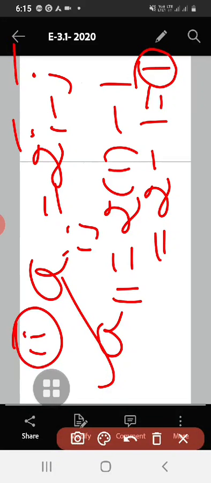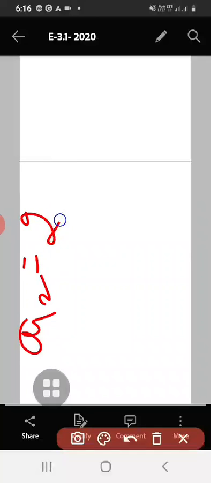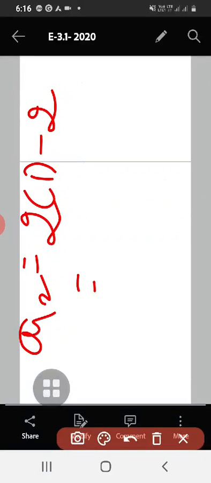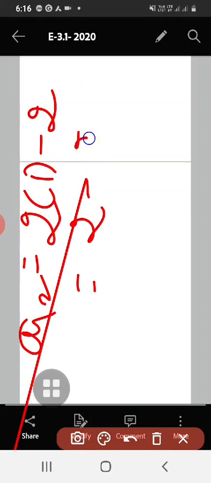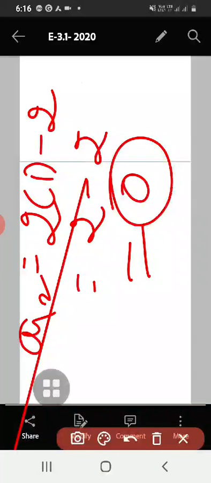Substitute the values here. Then A12: 2 into 1 minus j, which is 2, that is 2 minus 2, which is 0. So A12 is 0.